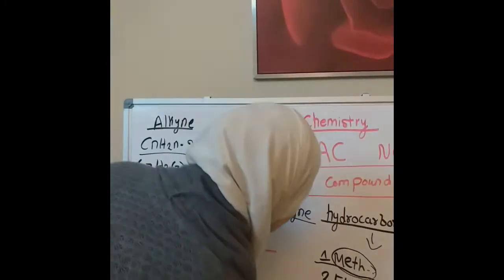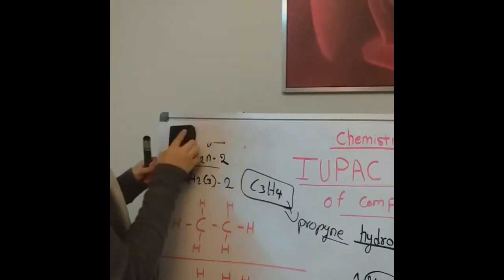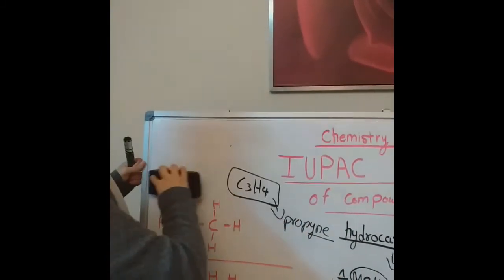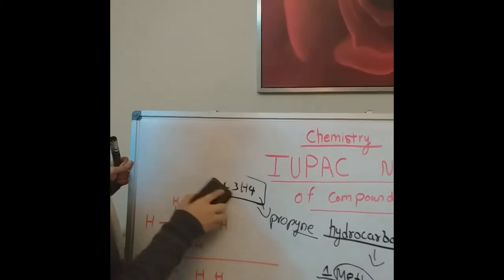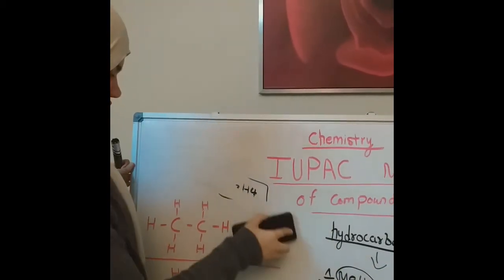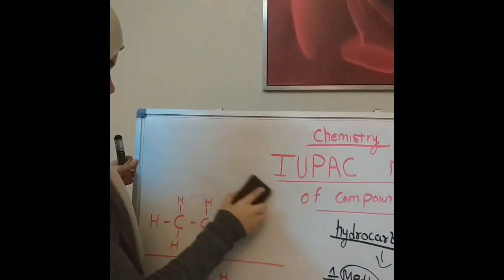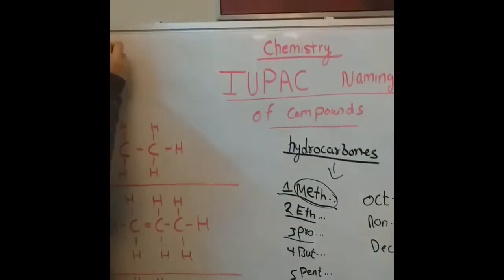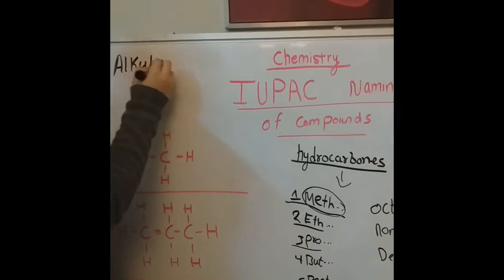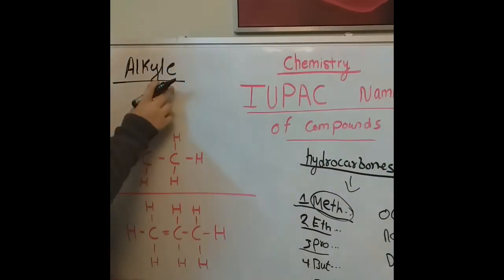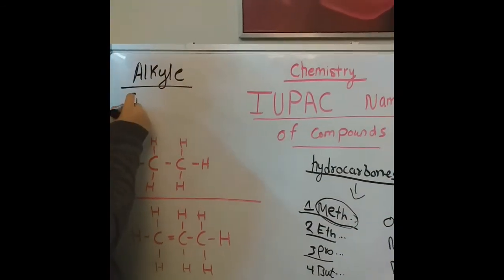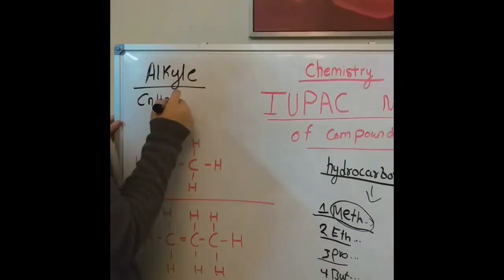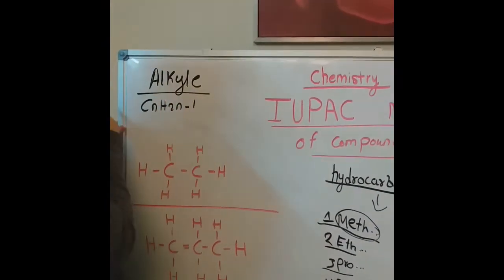So let us go for alkyl. The formula for alkyl is CnH2n minus 1.